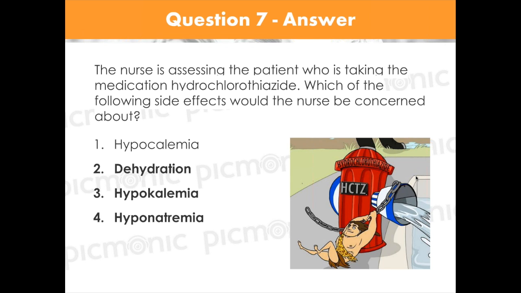Loop diuretics work in the loop of Henle, and loop diuretics lose calcium. Loops lose calcium, and I've said that before. I'm saying it again. Loops lose calcium. But hydrochlorothiazide works in the distal convoluted tubule in the nephron, and it has a side effect of hypercalcemia. It holds on to calcium. It gets rid of everything else except for calcium.